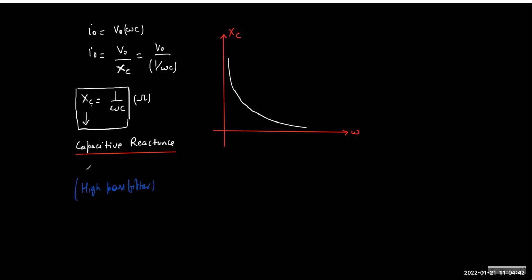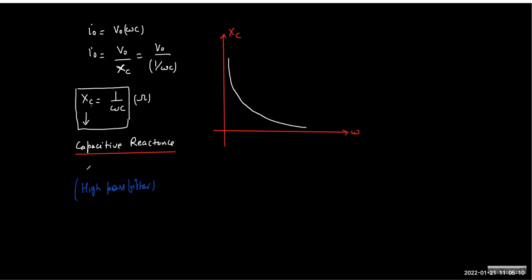So let's say we have a radio message. When you communicate using maybe a mobile phone, signals travel along with some high frequency carrier wave, and the actual message which we talk, like the voice signal, is very low in frequency.